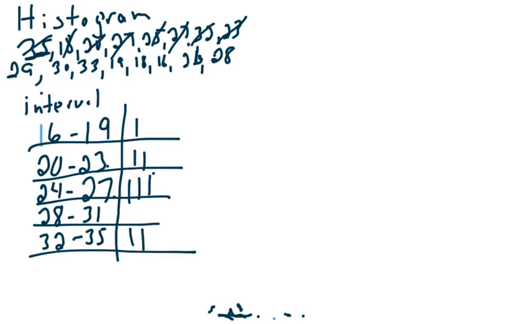And 23 goes here. For the next row, 29, cross that off. That goes between 28 and 31. 30 goes here. 33 goes down at the bottom.